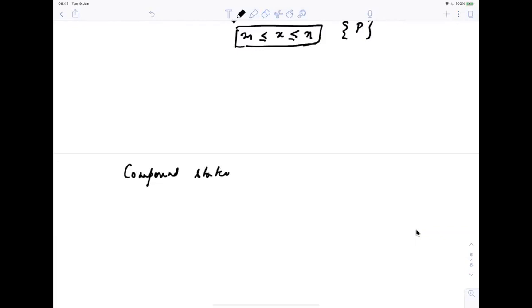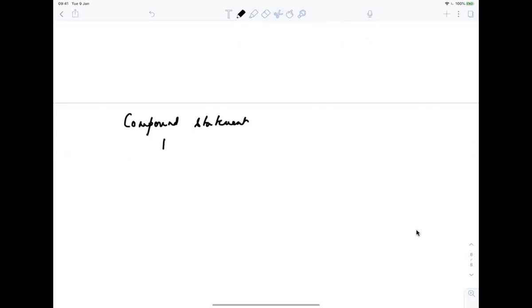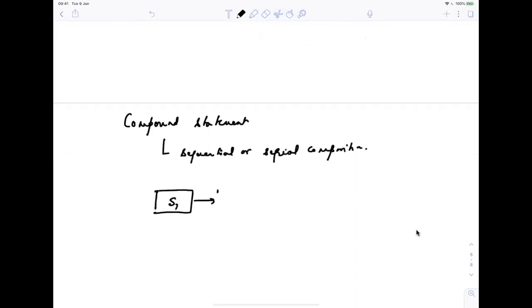What is a compound statement here? Where we assume sequential or serial composition, and we have statements S1, S2, up to Sn, which are executed.